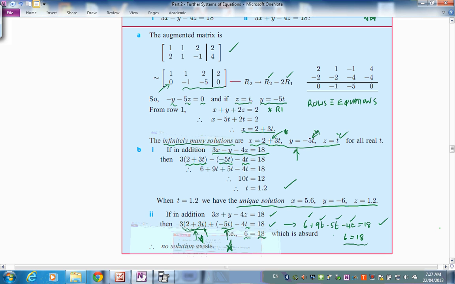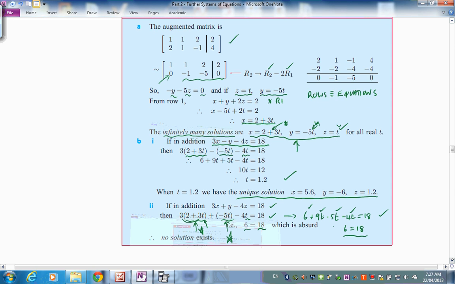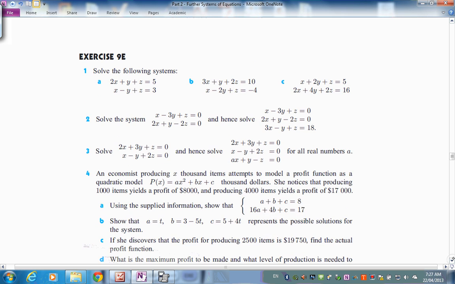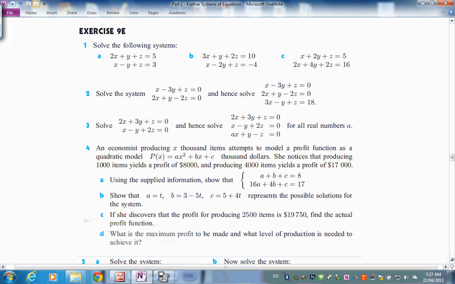So do you get the idea of checking solutions and adding an equation to it and seeing if that gives sufficient information to specify a unique solution? All right, let's come down now and have a look at some. So here's 9e, the first 4 questions, and they are just sort of general things.